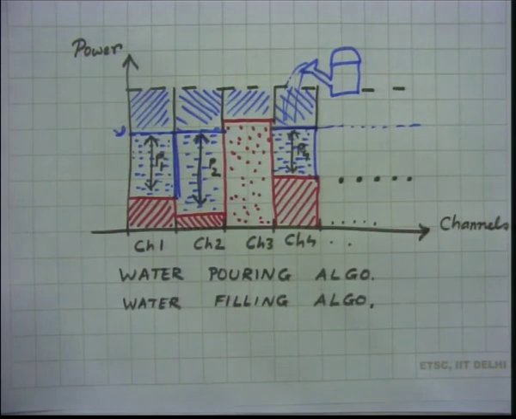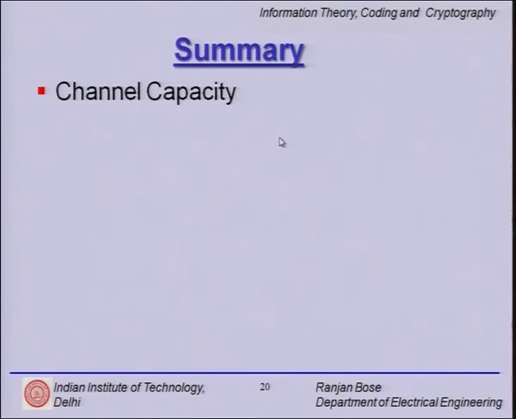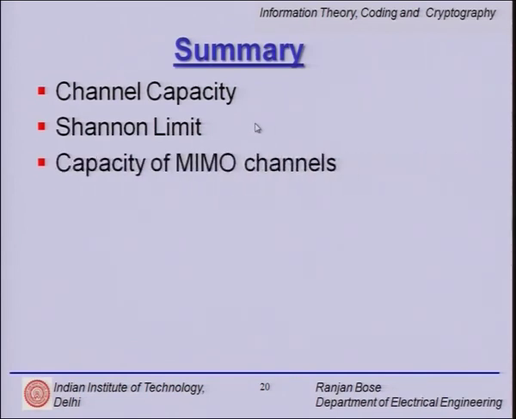So, we come back and summarize where we have reached today. We started off with the channel capacity theorem, and we looked at the first fallout, which is the Shannon limit from this information capacity theorem, and then we spent quite a bit of time on the capacity of MIMO channels.